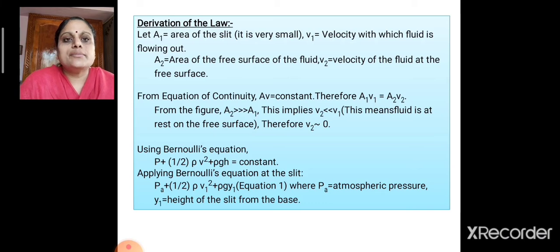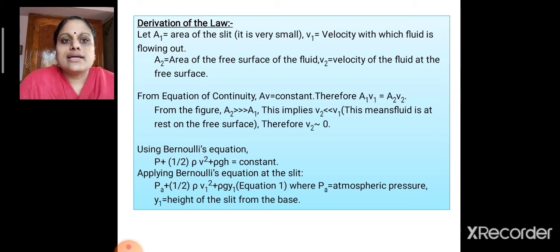As we had seen in the previous figure, let A1 be the area of the slit and V1 be the velocity with which fluid is flowing out. A2 is the area of the free surface of the fluid and V2 is the velocity of the fluid at the free surface. Then we had seen from the equation of continuity that A1 V1 equals A2 V2.